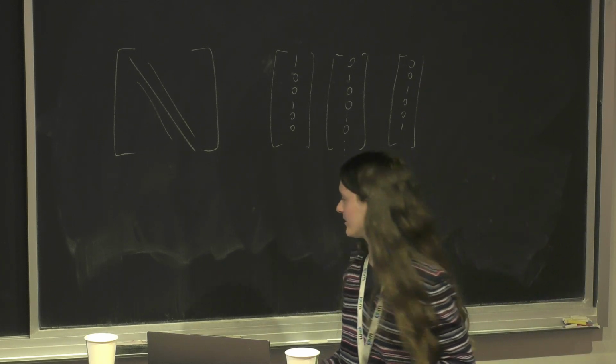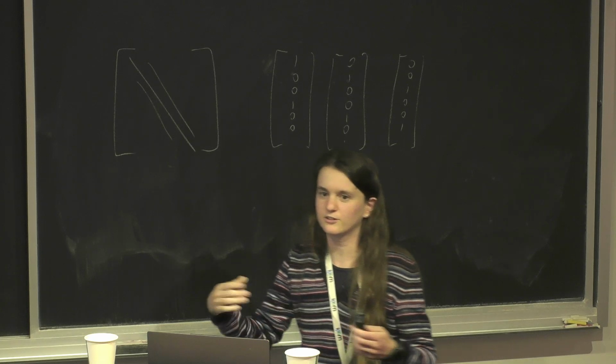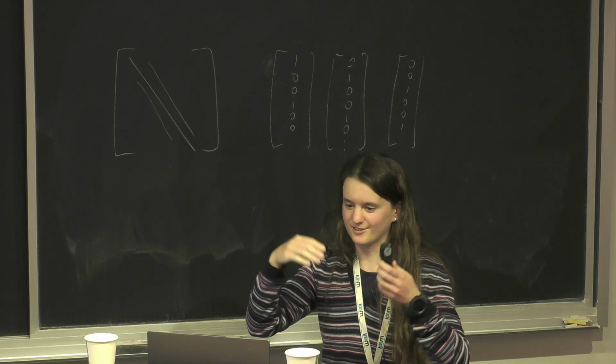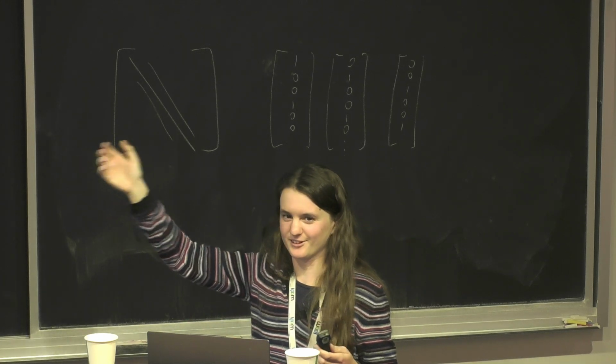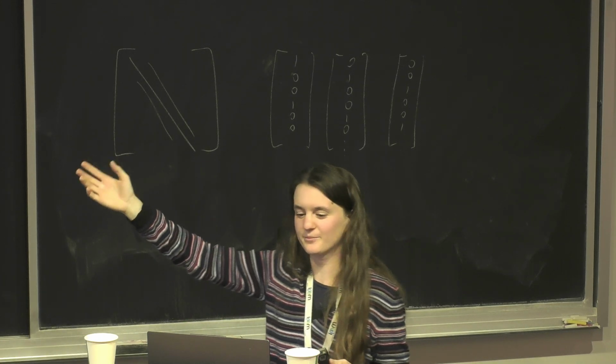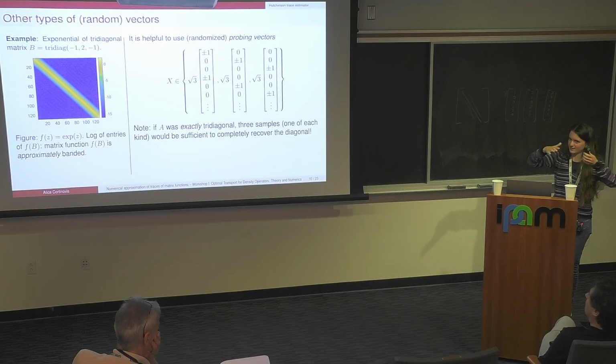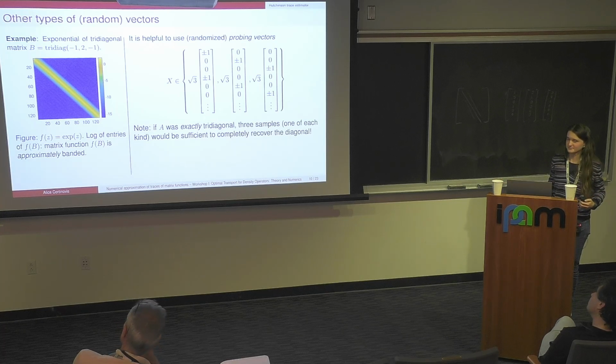So one thing you can think of is if you know that your matrix has a certain structure. This is really just for illustration purposes. If you take the exponential of a tridiagonal matrix, it tends to have a very strong decay when you move away from the diagonal.